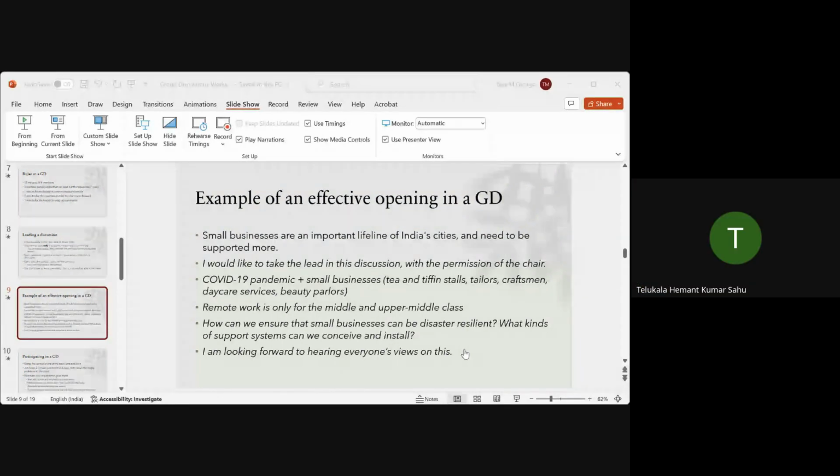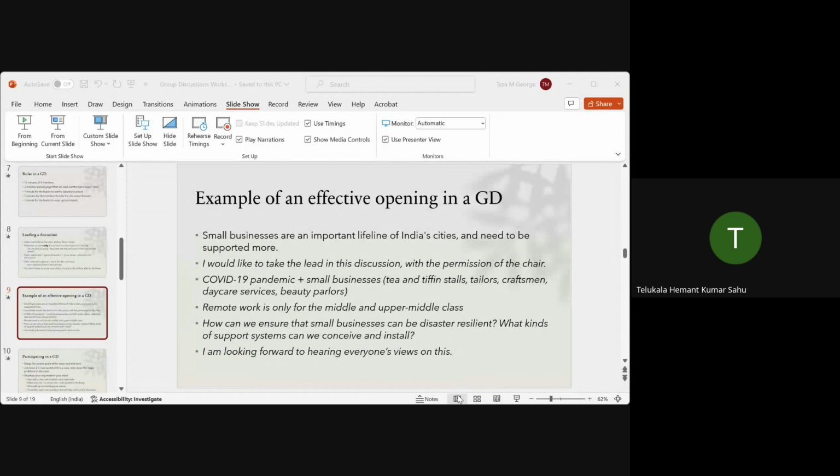Good evening, everybody. With the permission of the chair and the group, I would like to take the lead in the discussion regarding the impact of a pandemic like COVID-19. We all know this COVID-19 pandemic has impacted many small businesses like tea and tiffin stalls, tailors, craftsmen, daycare services, beauty parlors and so on.